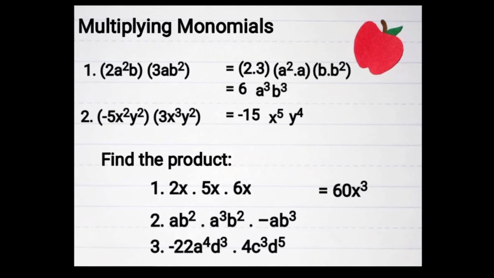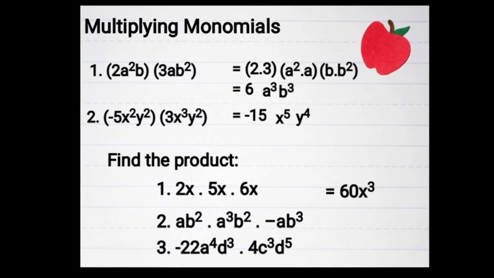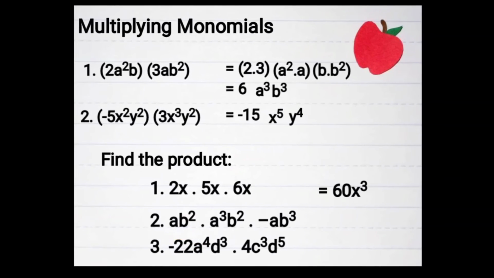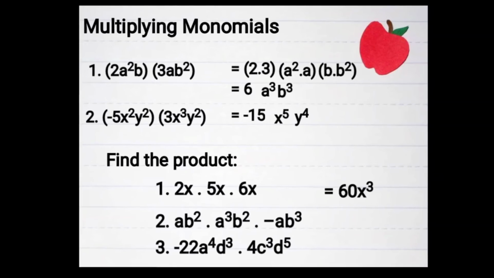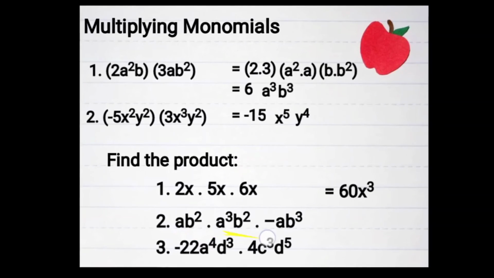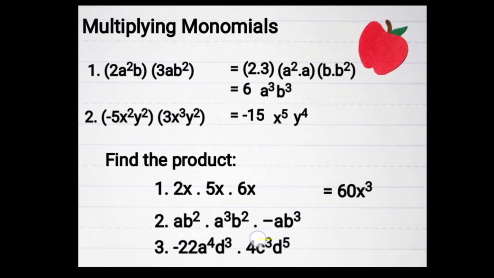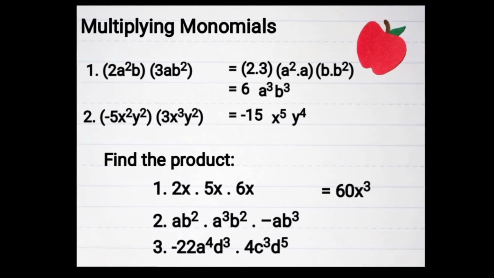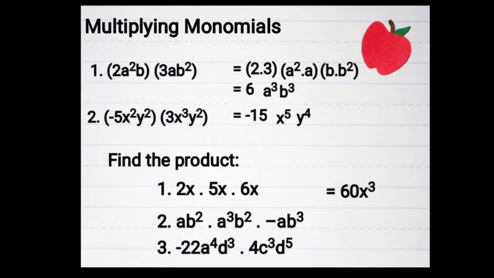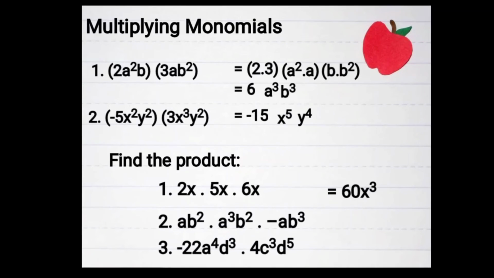Next, for number 2, we don't have a numerical coefficient. So let's proceed to multiplying the same bases. We have negative a. Then add the exponents of a: 1 plus 3 is 4 plus 1 is 5.